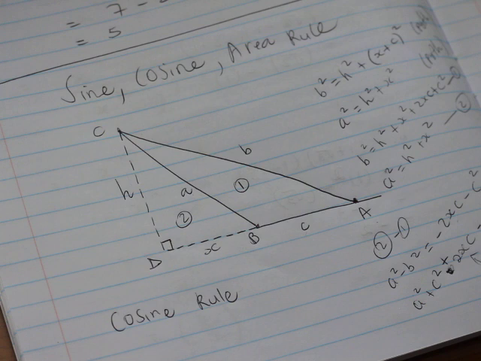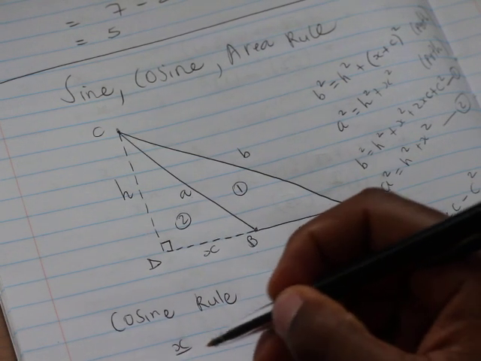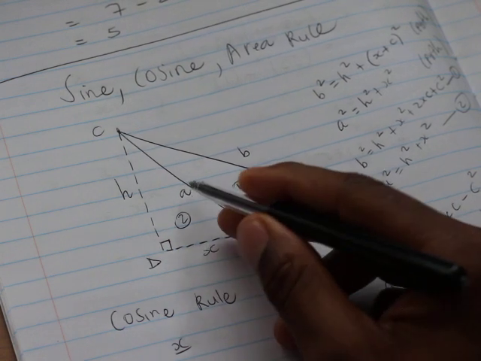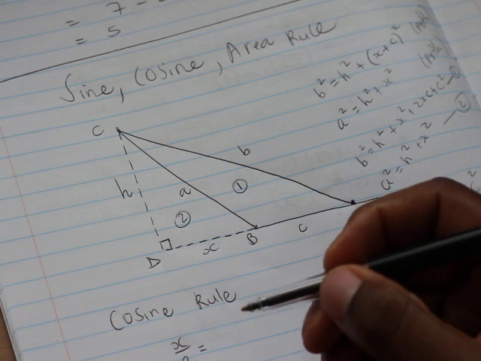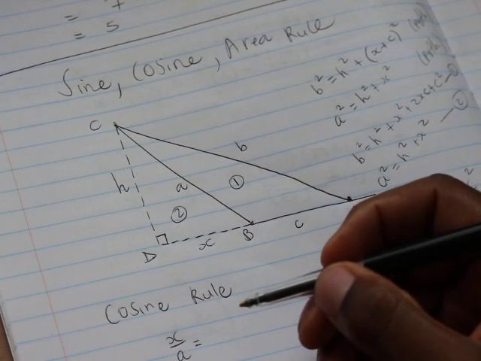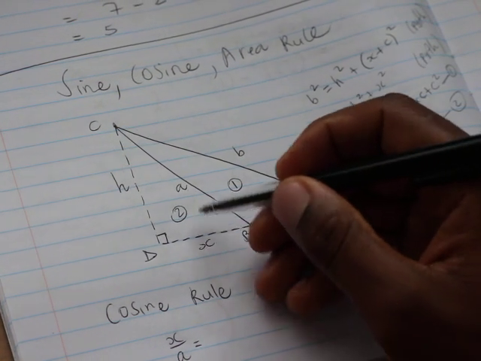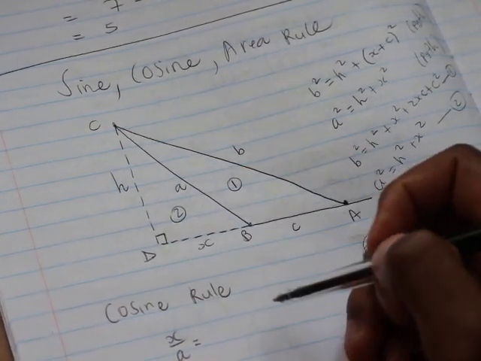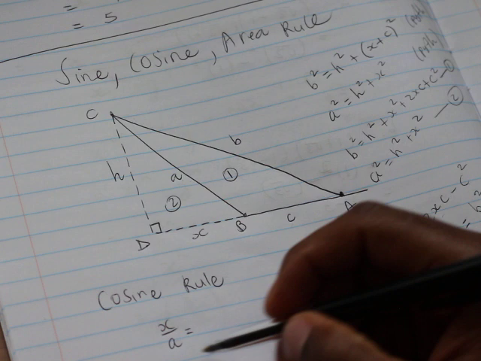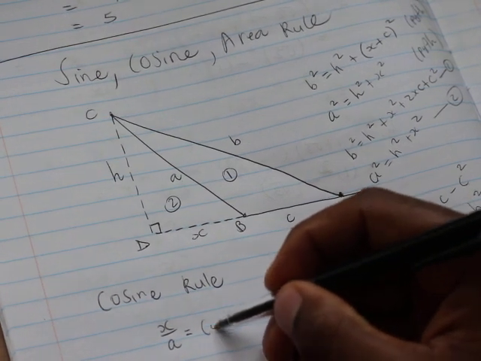In other words, we're going to tweak things a little bit. So x over a is equal to what? So x over a, and x is the adjacent side for this triangle, a is the hypotenuse, is equal to the cosine.